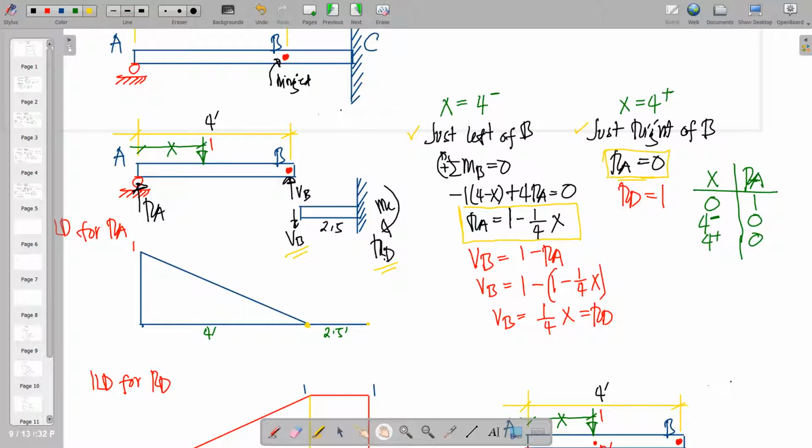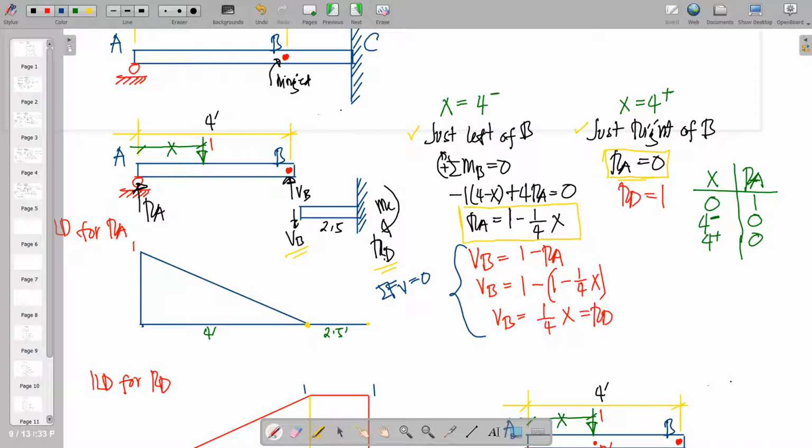As we can see, when your unit load is still on AB, we can use this one, or just left of B. This red portion is intended for the shear at B, which could relate to the reaction at D. Actually, this came from summation of vertical forces equal to 0 using this left portion.